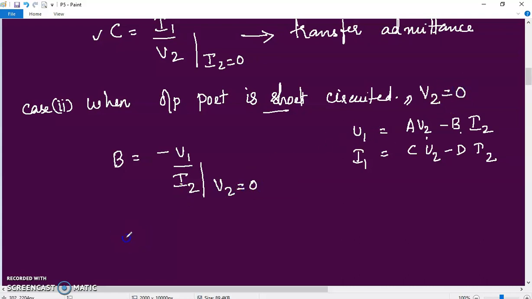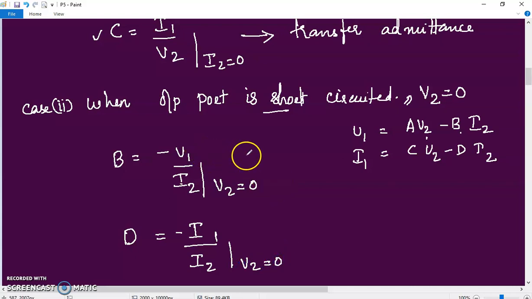And now D is equal to minus I1 by I2 at V2 is equal to 0. So now we can go for the names.